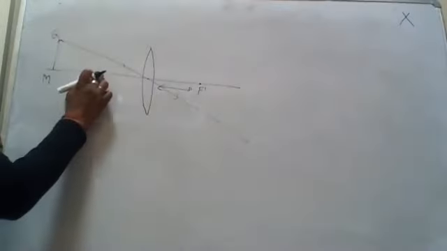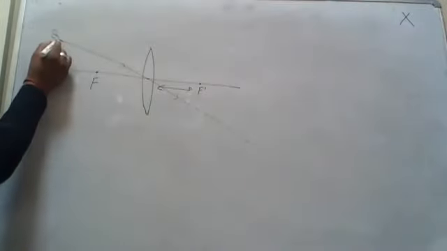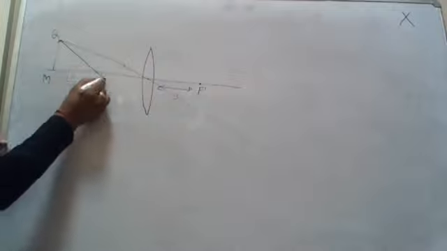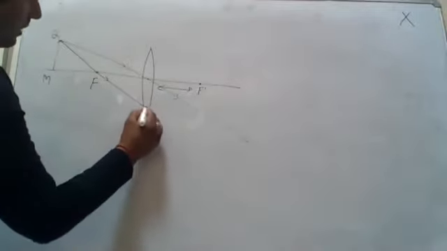And the other way. Sir, the other from F. This F or this F? Sir, left side. This primary focal point, right? So this is the straight line going. So after the deflection, what will happen?